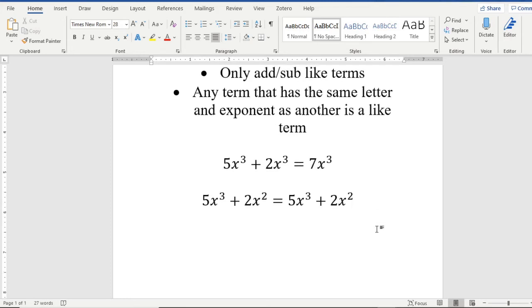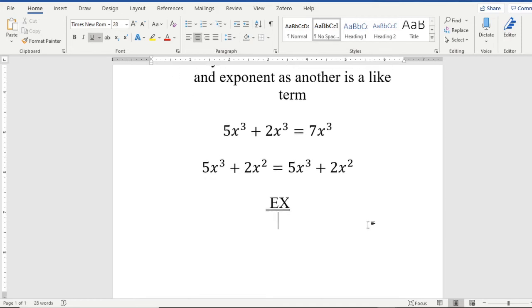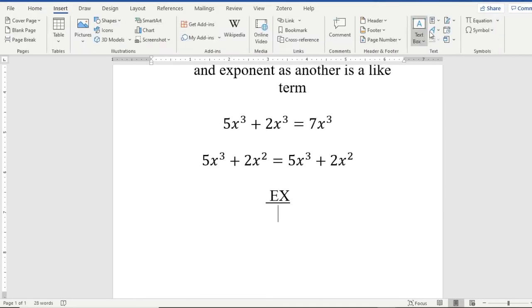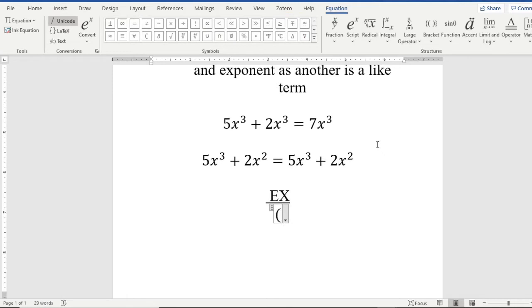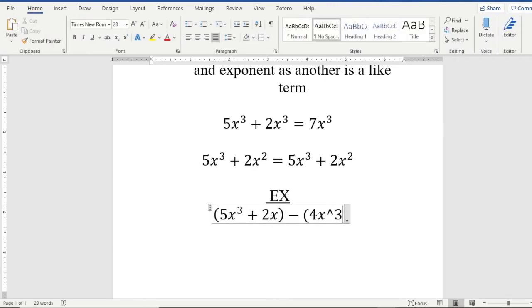So let's get an example of a larger set of this one. Okay, so let's see this. So say I have 5x cubed plus 2x minus 4x cubed plus 2x to the second minus x plus 1.